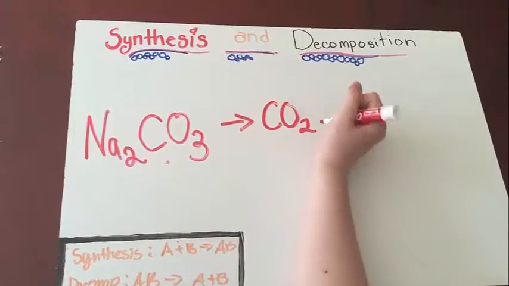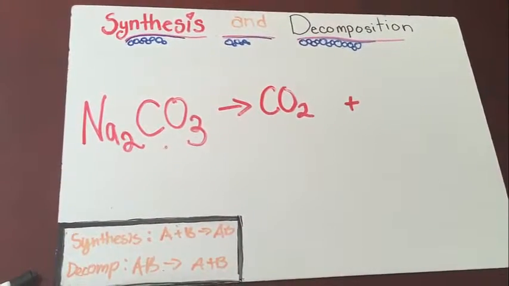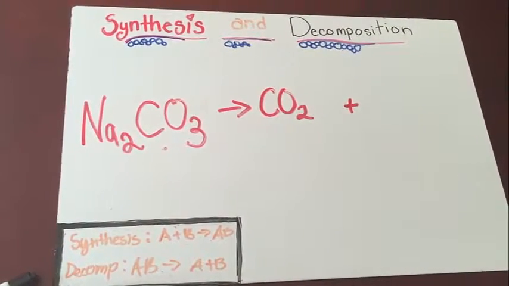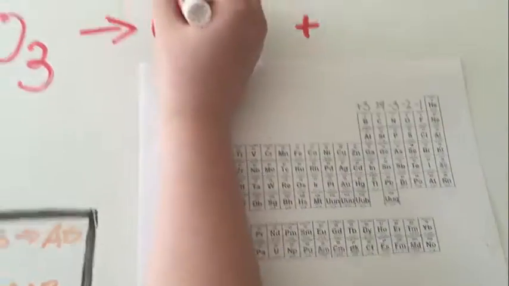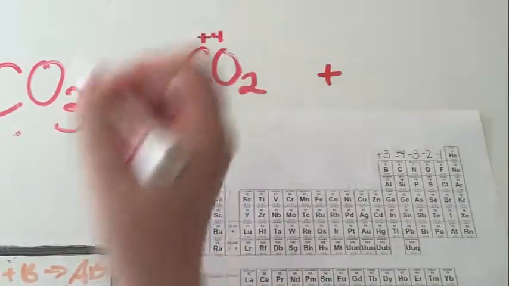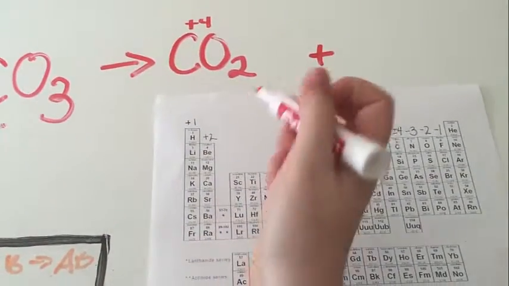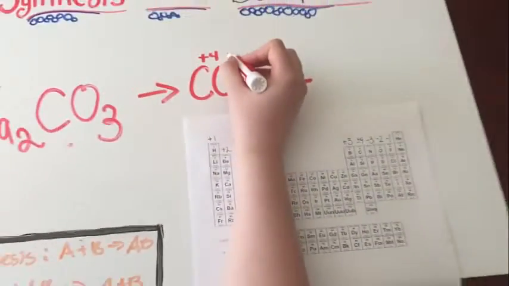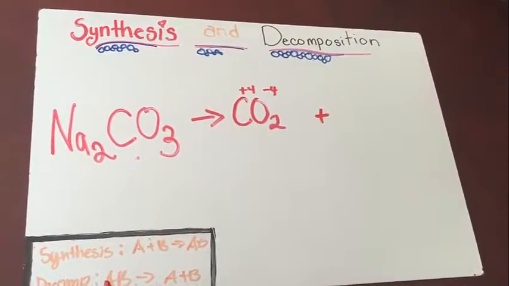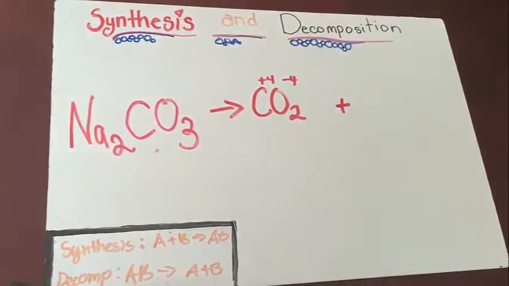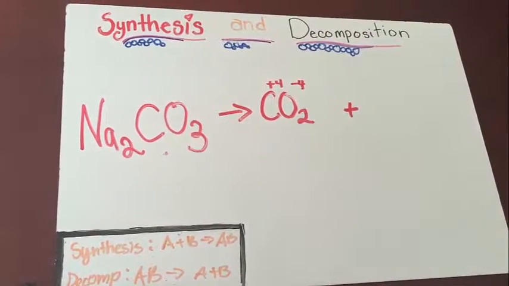We know that CO2, or carbon dioxide, is a neutral compound, but let's check it anyway. So carbon has a +4 charge, and oxygen has a -2 charge, but since there's 2 oxygen atoms, it's a -4 charge. So 4 minus 4 is 0. So that is, in fact, a neutral compound.